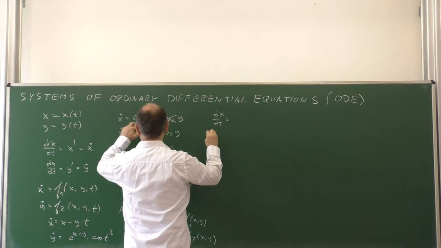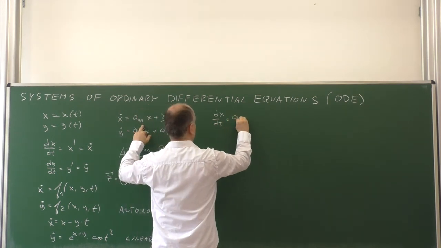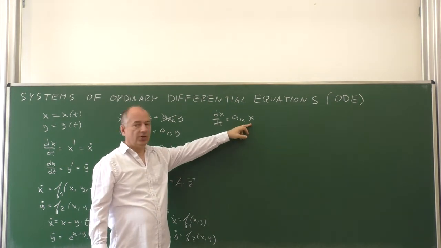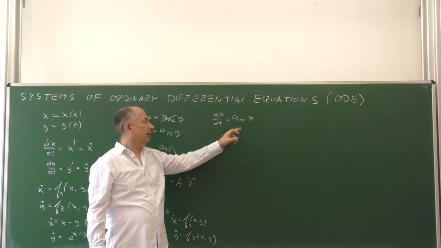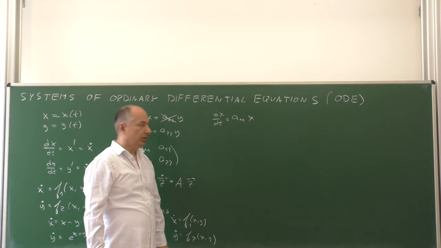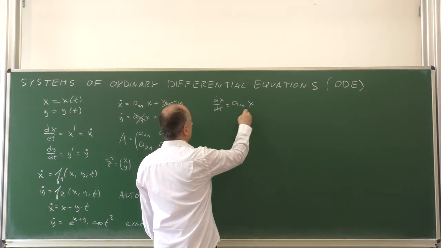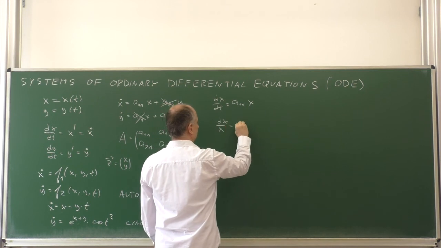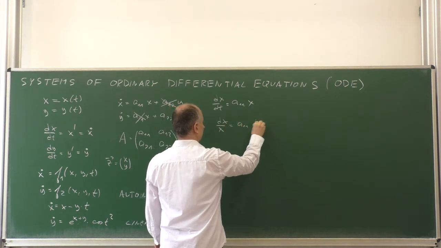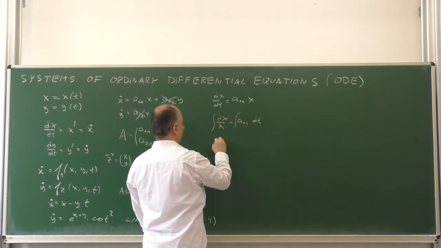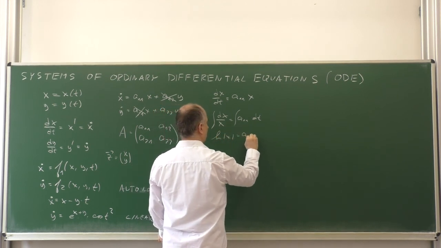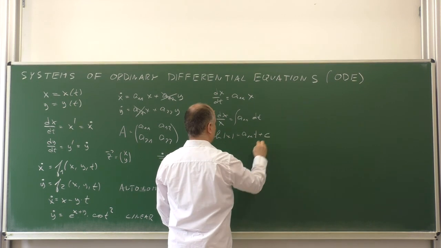If we write the derivative as the ratio of differentials, we see that x equal to 0 is indeed a constant solution, and for non-zero x we can use separation. We can integrate and we arrive at logarithm of the absolute value of x is a11t plus c.